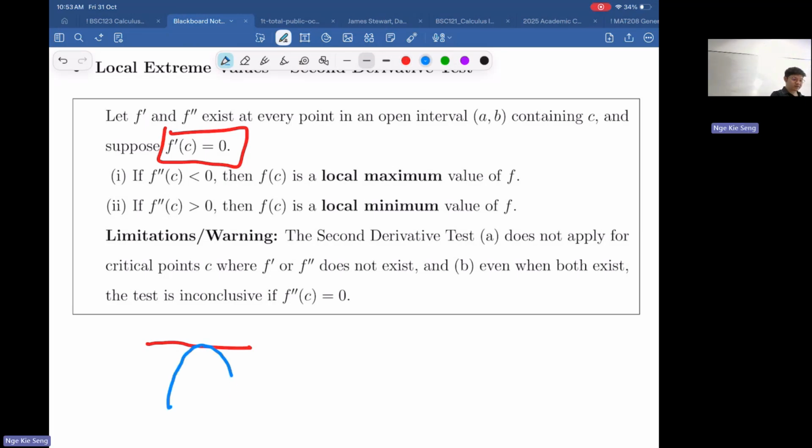Is it true that your graph stays below when you have a maximum? And f''(x) greater than 0 means it is concave upward, so your graph stays above the tangent line. When you have a local minimum, does your graph stay above your tangent line? This is the idea.